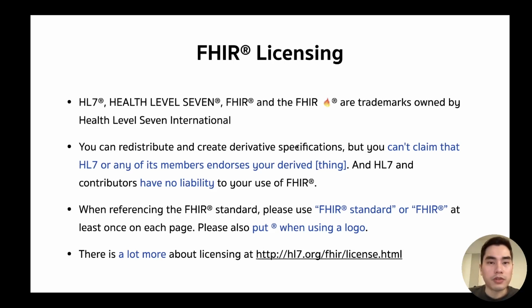Maybe you want to create a FHIR RUT version, something like that. But you cannot claim that HL7 or any of its members endorse your derived work. So your derivative is yours and is not related to HL7. And HL7 and contributors have no liability for your use of FHIR. If you use FHIR and you face some problem, it's not HL7's fault, right?